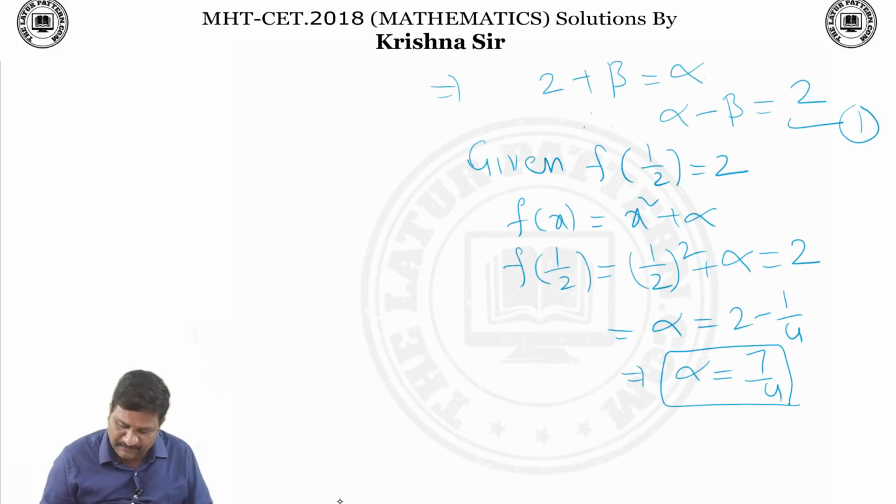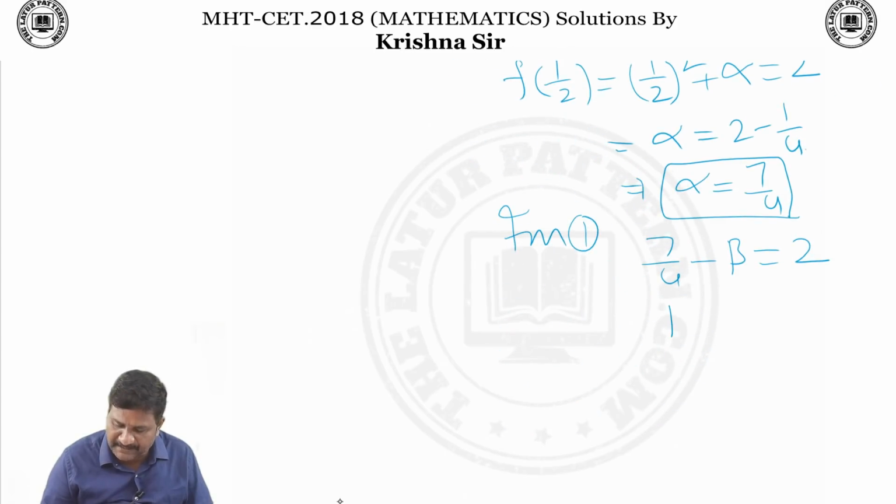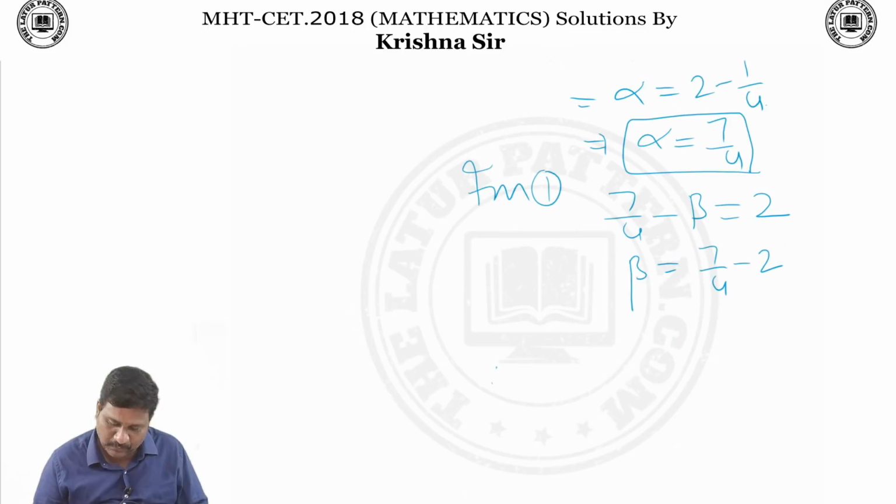Now from the first equation, alpha is 7 by 4, so 7 by 4 minus beta is equal to 2. So beta is equal to 7 by 4 minus 2. So beta is equal to 7 minus 8, minus 1 upon 4.